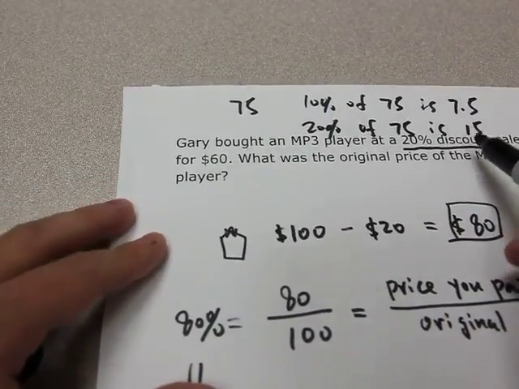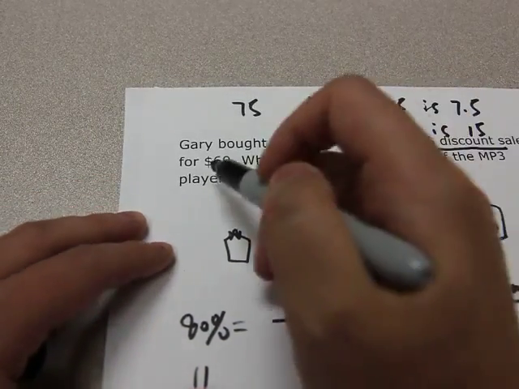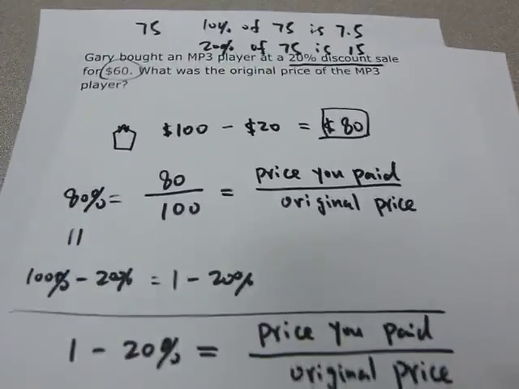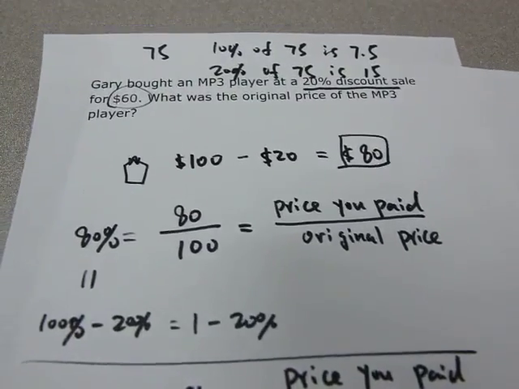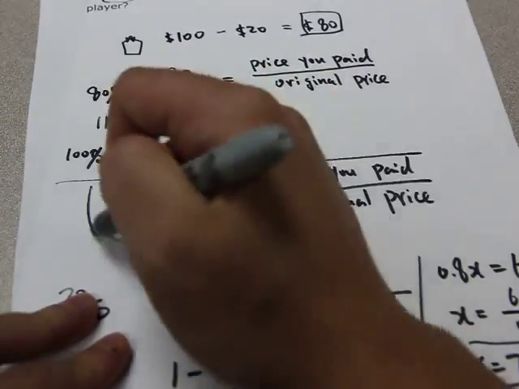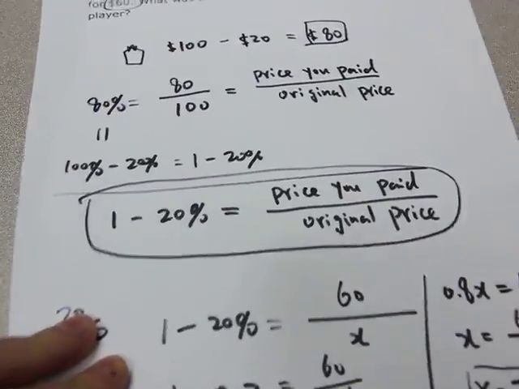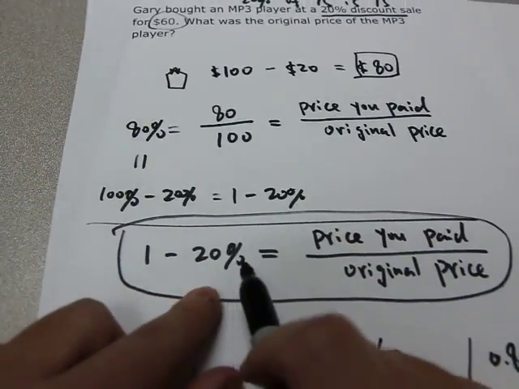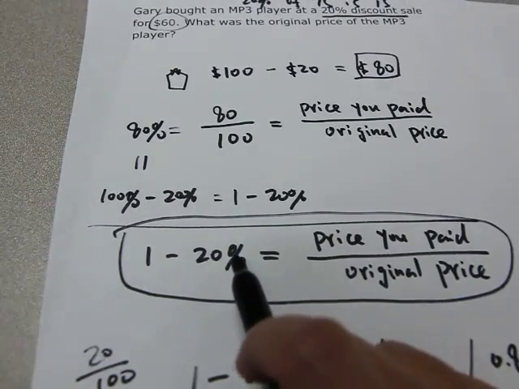And if you take 15 from 75, you will get 60. So therefore, our answer is correct. The original price of this MP3 player is $75. And remember, this is the equation we're gonna use when we solve this type of problem. Now, be careful, the discount may change for different problems.